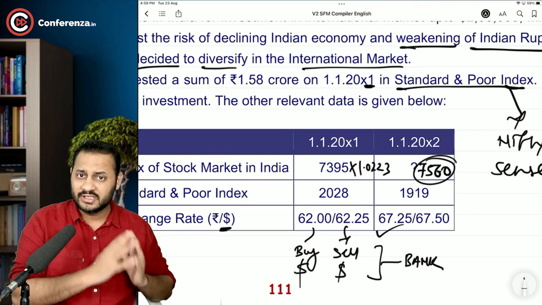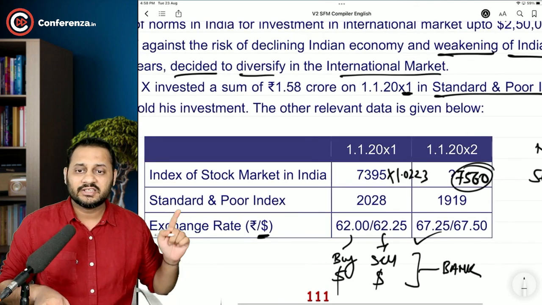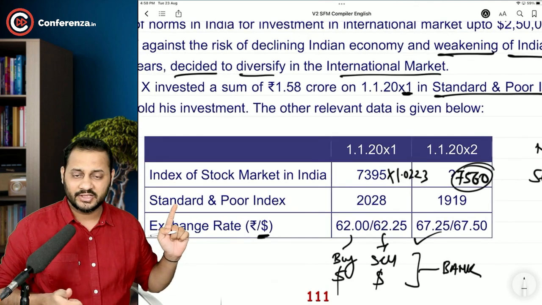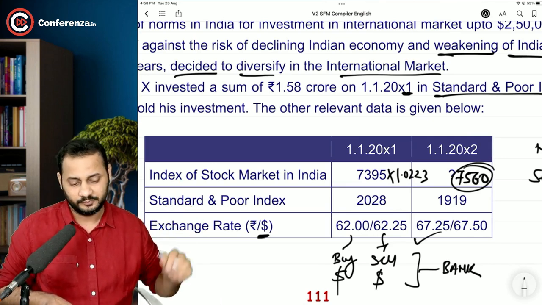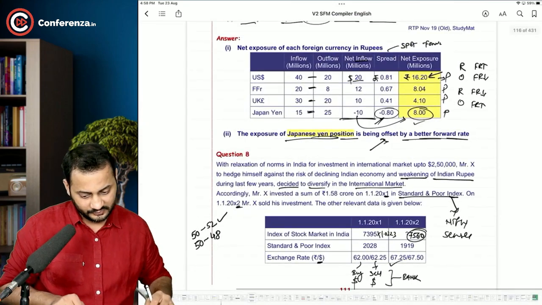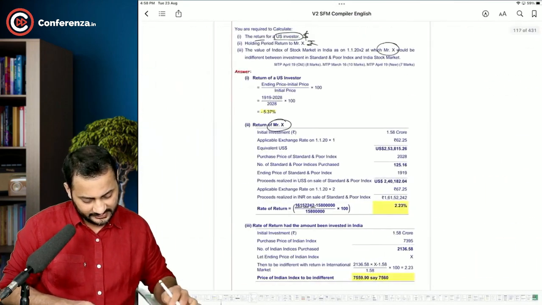So if it goes to this level, then investing in Standard and Poor for Mr. X will result into same return as investing in the Indian stock market. That's it. 7560. Let's just find out.